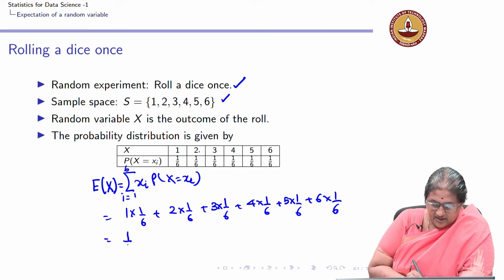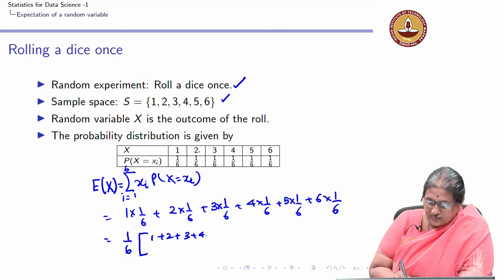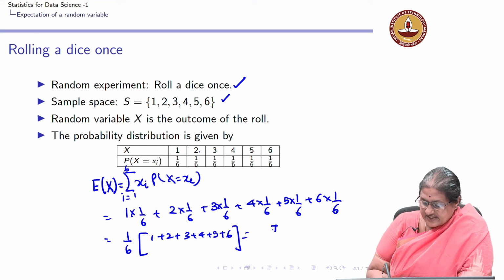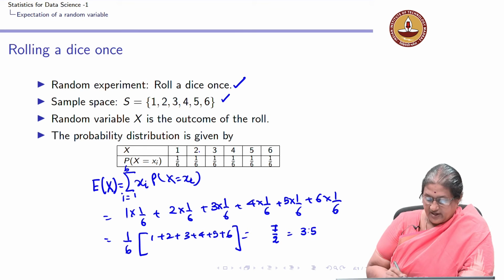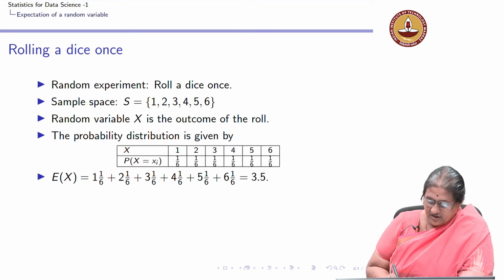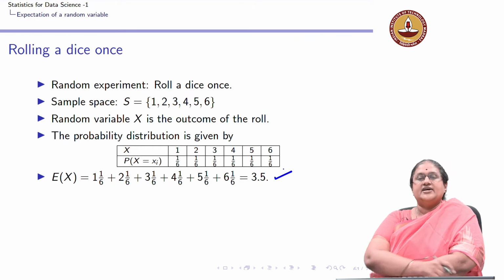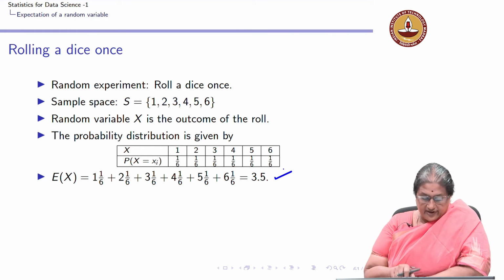I can take this 1 by 6 out, it is 1 plus 2 plus 3 plus 4 plus 5 plus 6, which is 7 by 2, which is 3.5. So, the expectation of this random variable is 3.5.